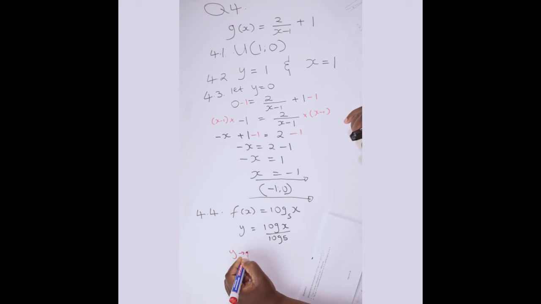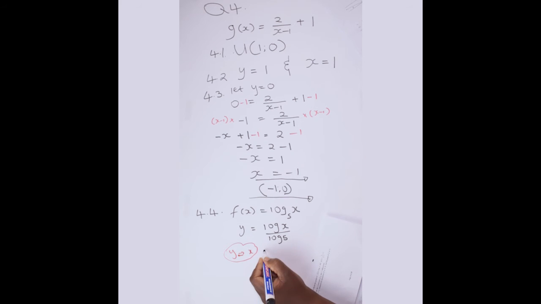And then you interchange your x and y positions. When you interchange your x and y positions, you will therefore have y log 5 equals log x.